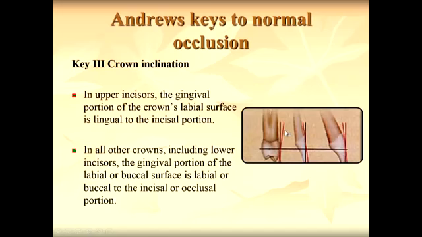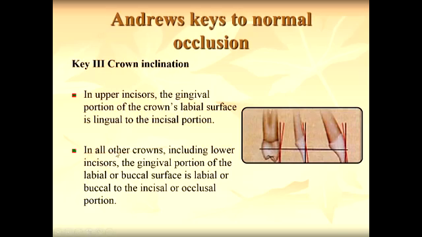Key number 3, crown inclination. Very important also during assessment of brackets by different companies, and to take into consideration during the orthodontist's treatment plan in order to achieve and improve the occlusion to normal. In the upper incisors, the gingival portion of the crown's labial surface is lingual to the incisal portion.